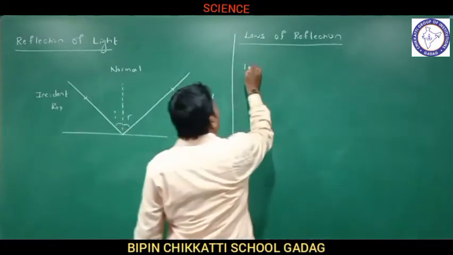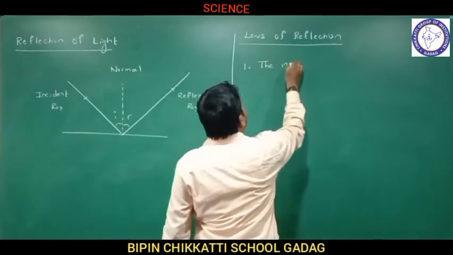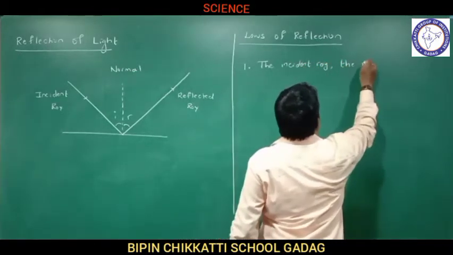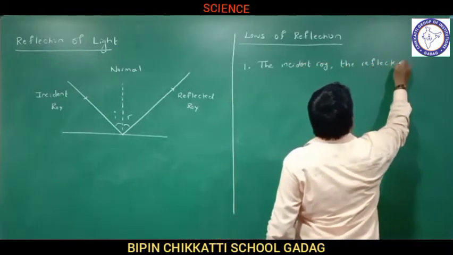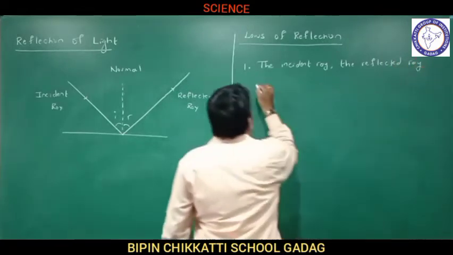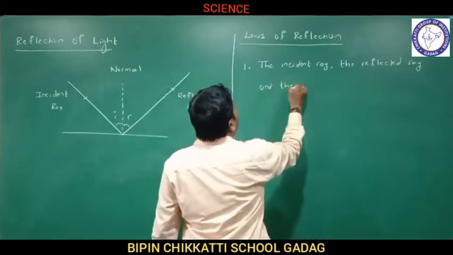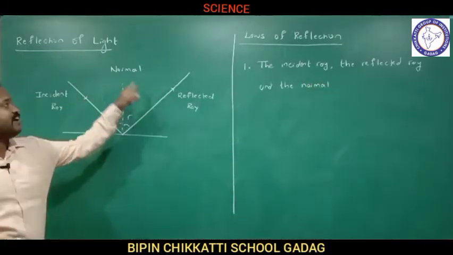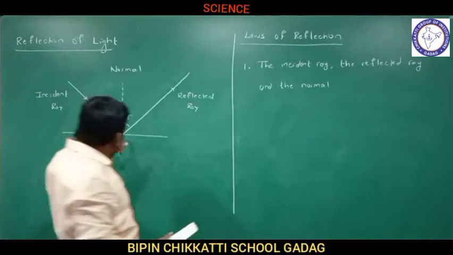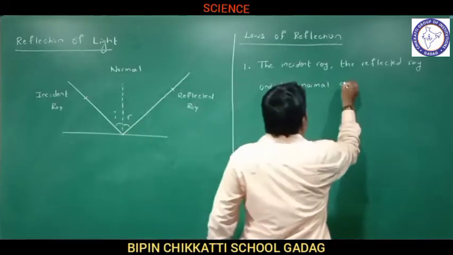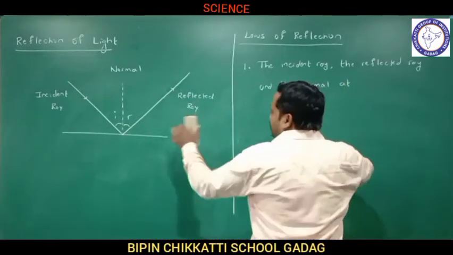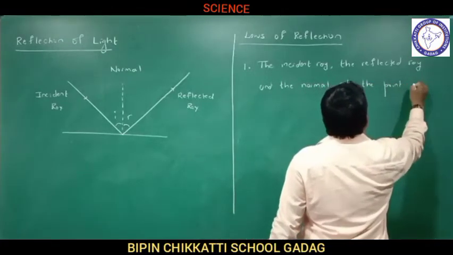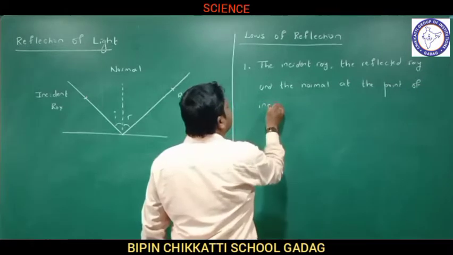The first law states that the incident ray, the reflected ray, and the normal, these three lines, are at the point of incidence.